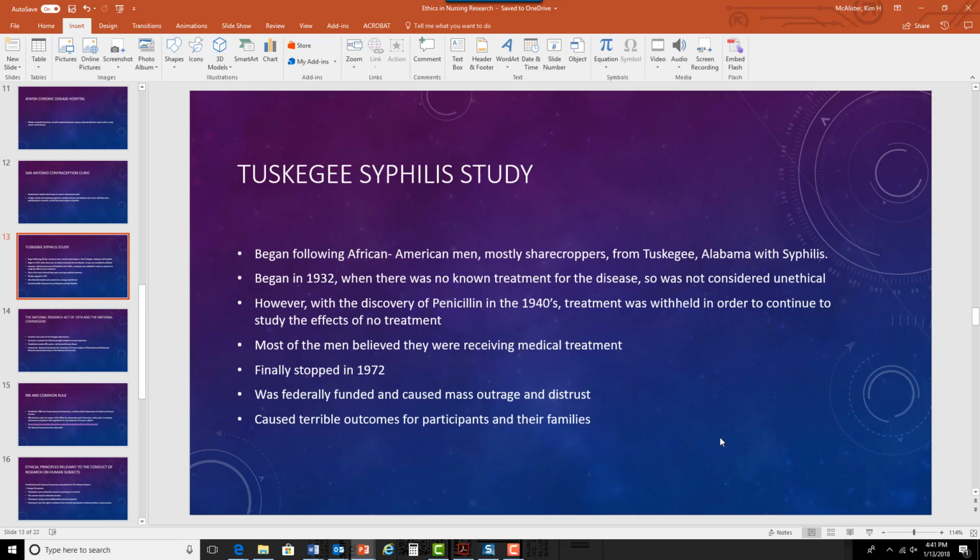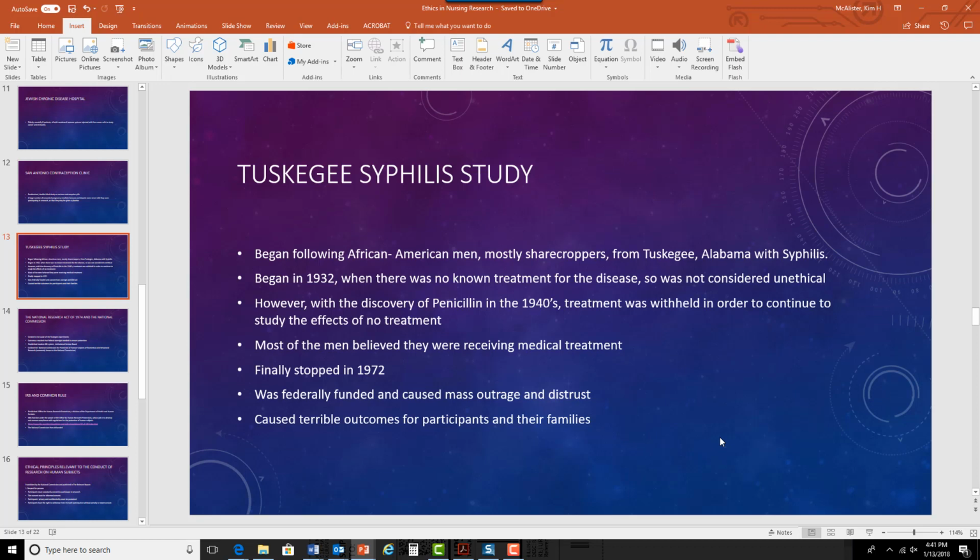They were there, and they weren't really told exactly what was going on, so they thought they were getting free medical care, so they came. But what they were doing was basically studying the effect of syphilis, what that did to people over the years. When the study began in 1932, there wasn't any known treatment for syphilis, so it was not considered unethical.